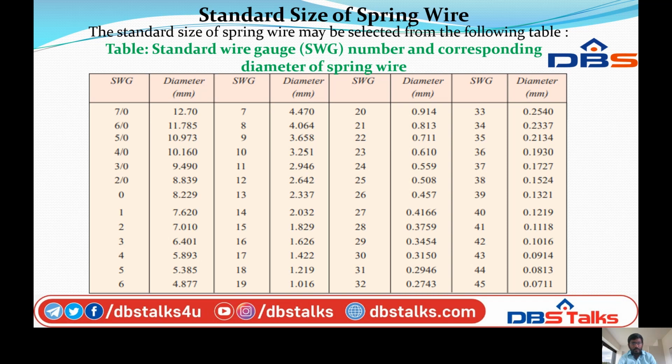For example, the diameter for SWG 2 is 7.010. So this table will be used for the calculations in problems.